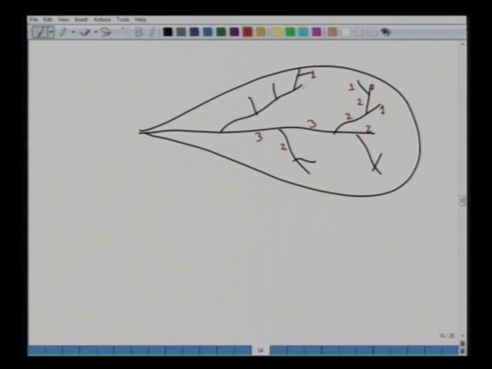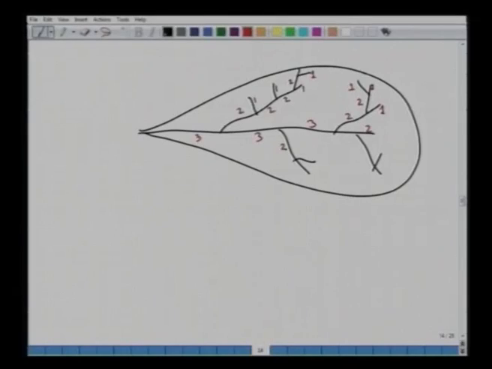So, this is 1, 1 and 1 join, this is 2, this is 1. So, this is 2, this is 1, this is 2, this is 1, and this is 2. Okay. And then 2 and 3 would join, it will form number 3. All right. So, this way you see that we can keep on ordering these different channels or numbering these channels using the Horton's concept. All right.